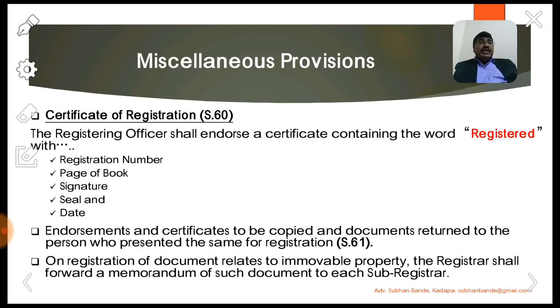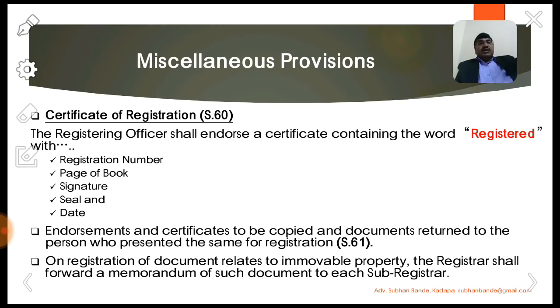Endorsements and certificates to be copied and documents returned to the persons who presented the same for registration. Endorsements, copies, documents are returned to the parties who presented them for registration. On registration of a document relating to immovable property, the registrar shall forward a memorandum of such document to each sub-registrar.